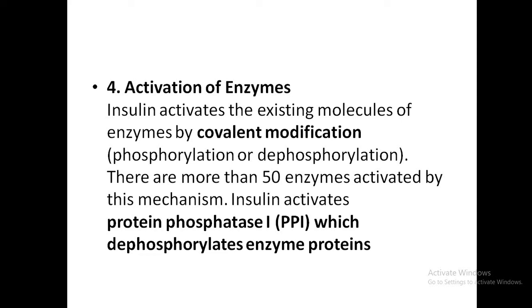Insulin also activates enzymes by covalent modification, phosphorylation or dephosphorylation. There are more than 50 enzymes activated by this mechanism. So it activates protein phosphatase I, which dephosphorylates enzyme proteins.